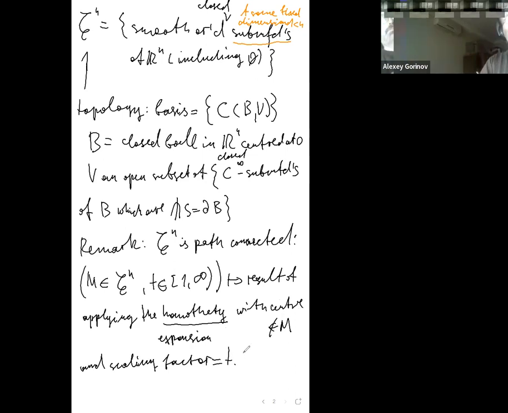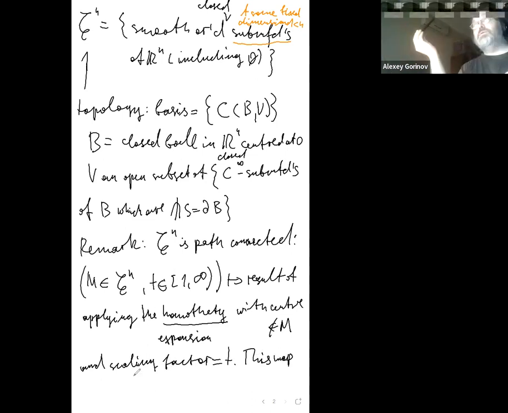So we'll get a path, or a kind of a path, on this space.